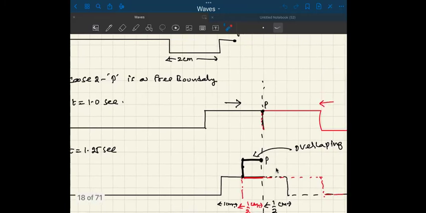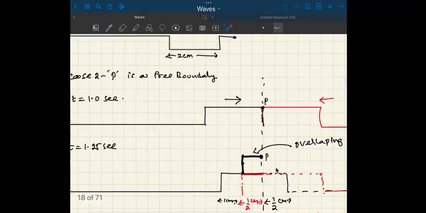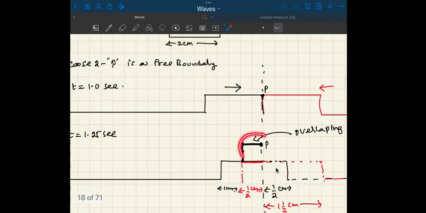What if it is a free boundary? You will meet a situation like this. After 1/4 of a second, remember previously this was dead flat. Now you see it gets added up. So you will see the string will take a shape like this.